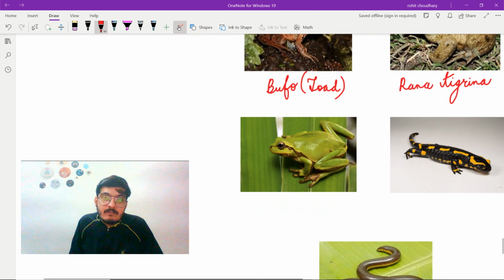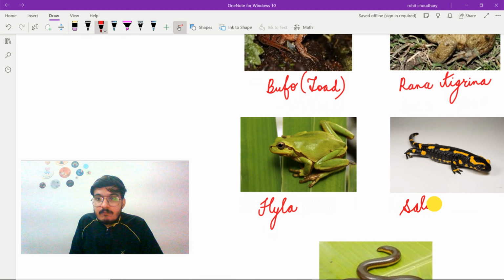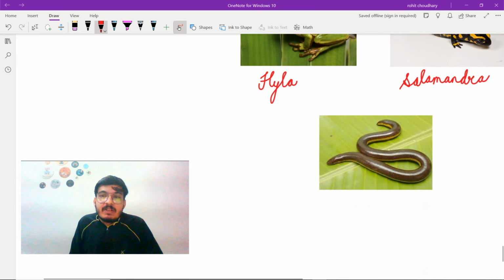This is Hyla, commonly known as the tree frog. This is salamander. The zoological name is Salamandra. And this is viviparous.